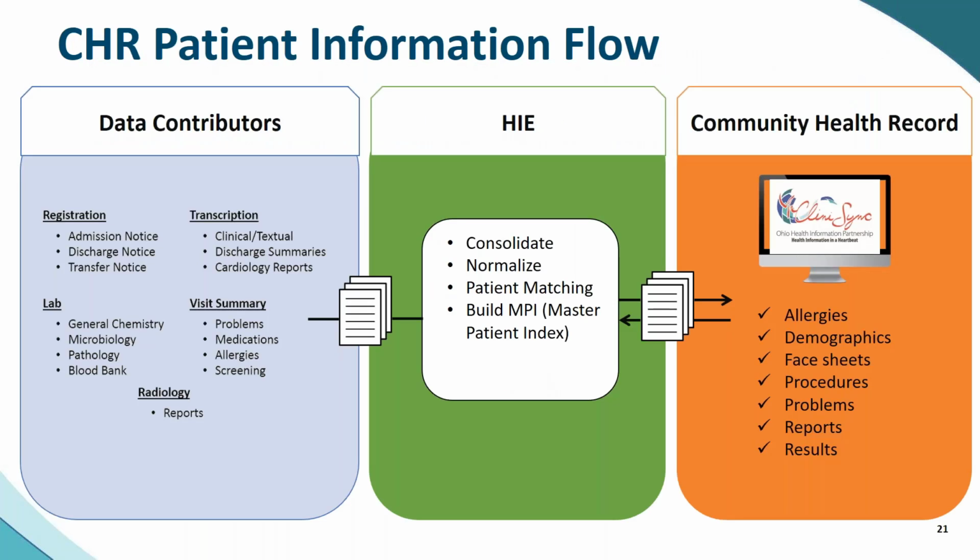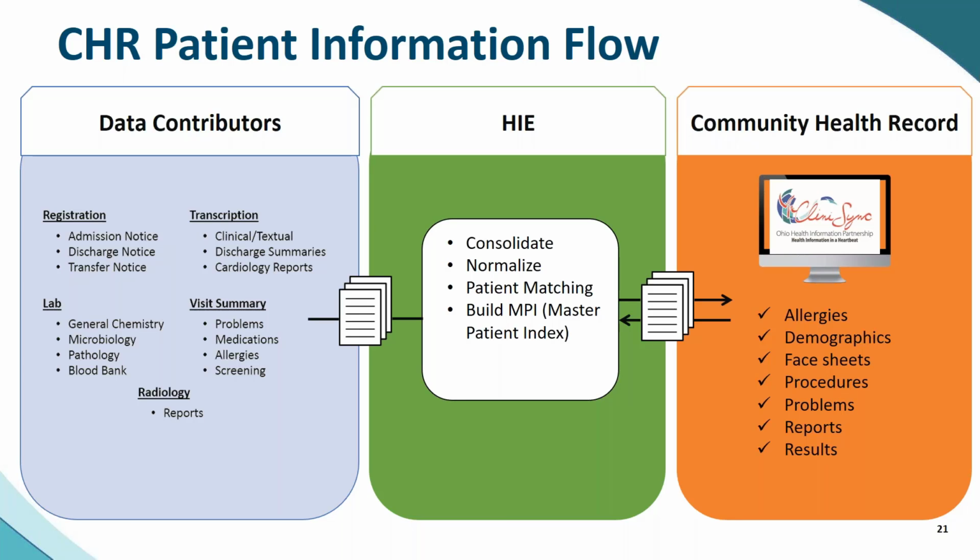How does all this work with the CHR? Well, we have a ton of data contributors out there, and we always need more. Our goal is to capture the entire patient story. But the data that's contributed, it's registration data, it's transcribed data, there's the discrete visit data, the problems, the meds, the allergies, there's radiology reports, there's all of the labs, the micros, the paths, all of this data that flows over to the HIE.